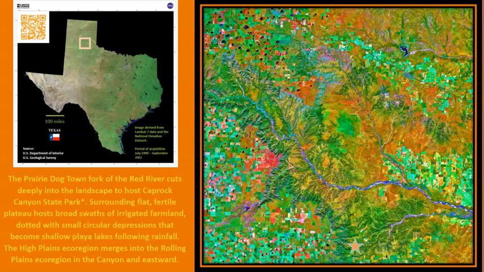Caprock Canyon State Park is found in Palo Duro Canyon, southeast along the Prairie Dog Town Fork of the Red River, which flows out of the canyon and on the east into the Rolling Plains ecoregion.